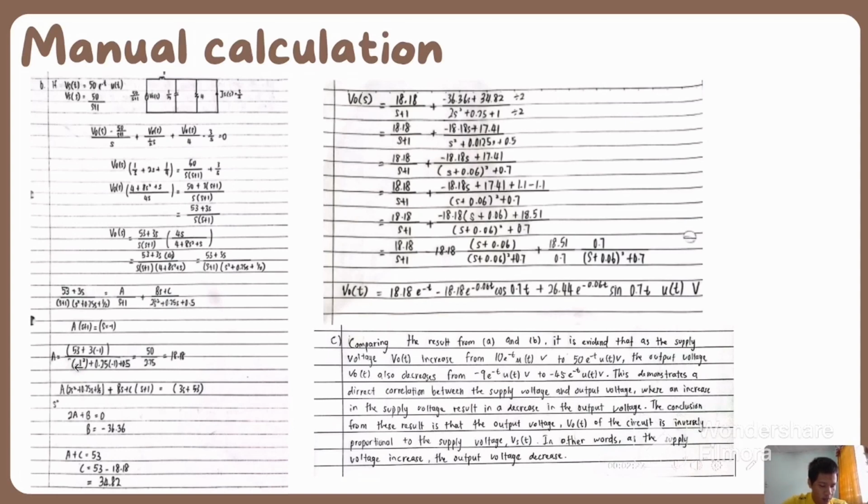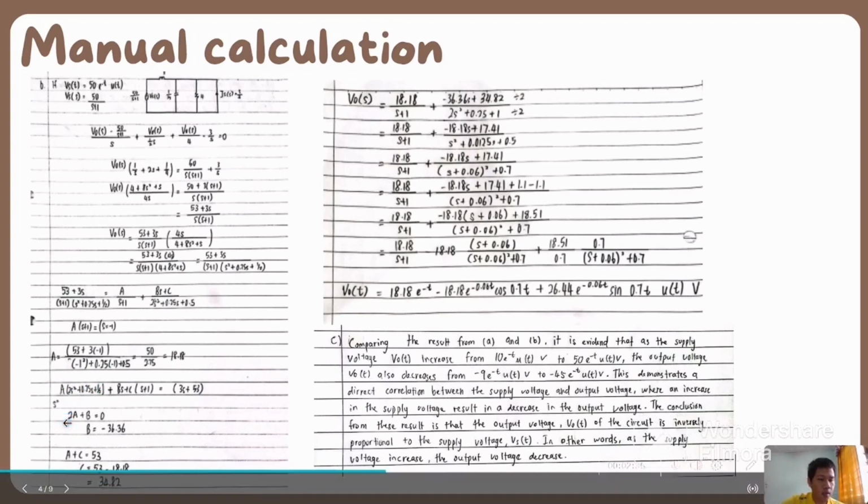Okay, and then next for the value B, the S squared is S power of 0, and then we insert the value into the equation and then we will get the value for B, which is negative 36.36.